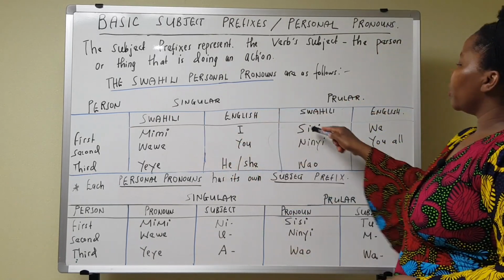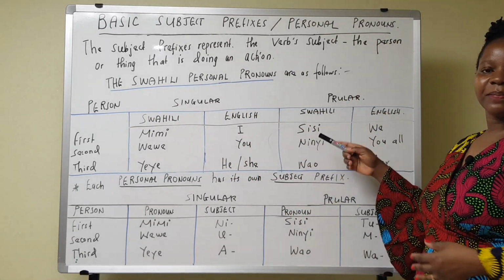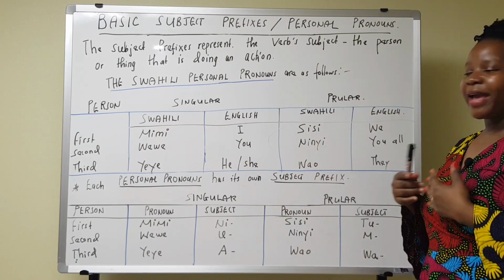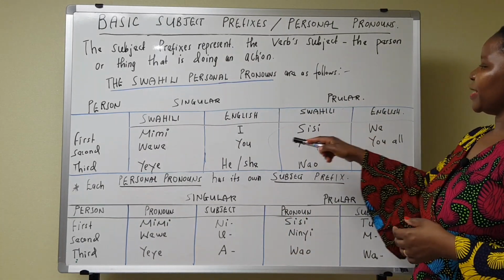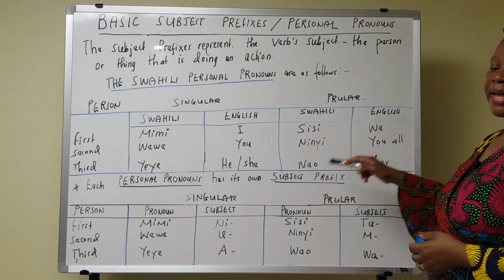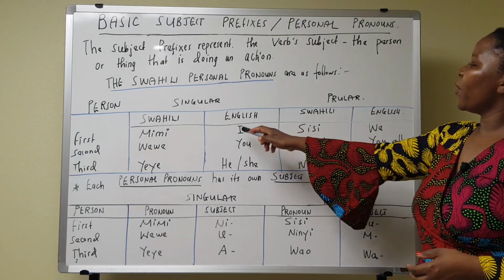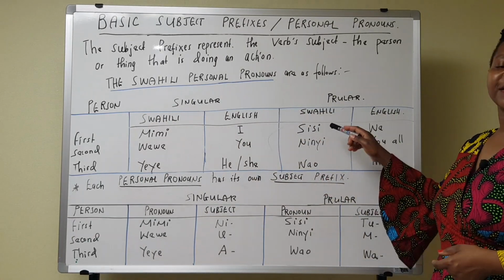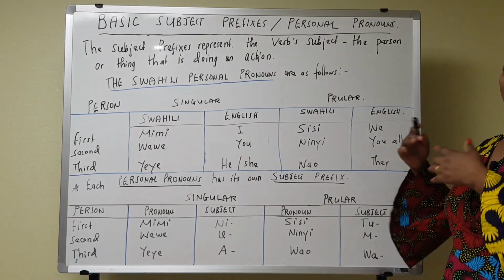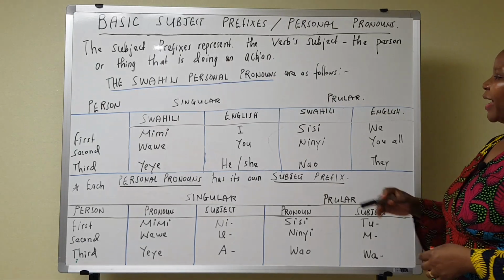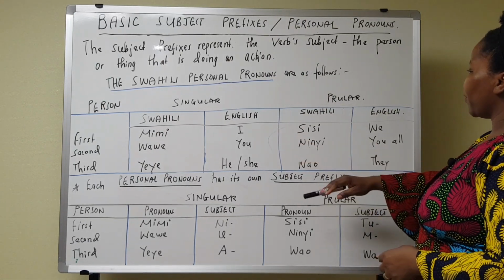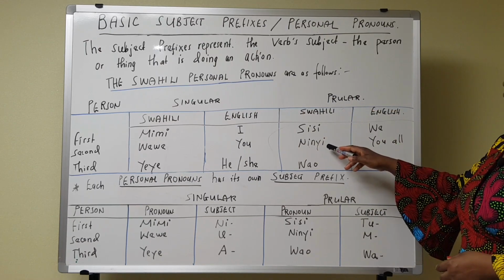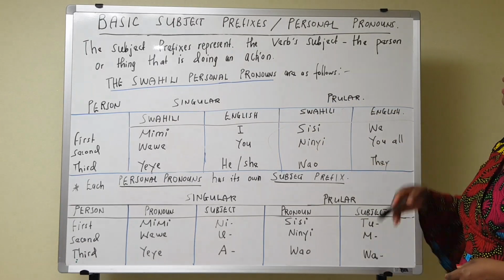Mimi in plural is Sisi, which is we in English. So Mimi, which is I, in plural is Sisi, which is we, okay? And the second personal pronoun in plural form is Ninyi.